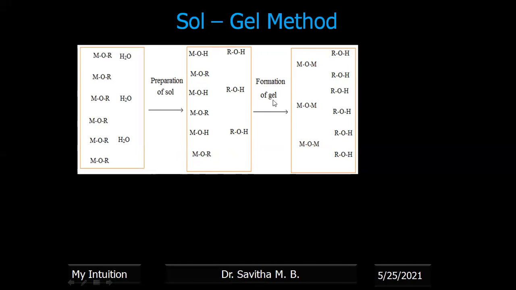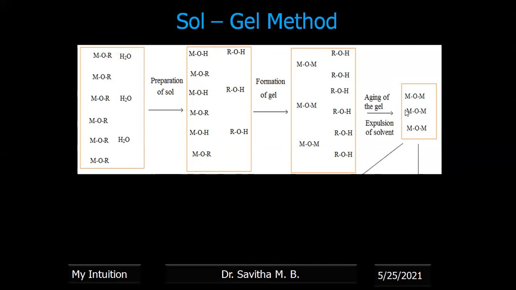Now when you keep it for aging, it means just keeping this solution undisturbed for some specified time. During this process, the alcohol, which is volatile in nature, will evaporate.